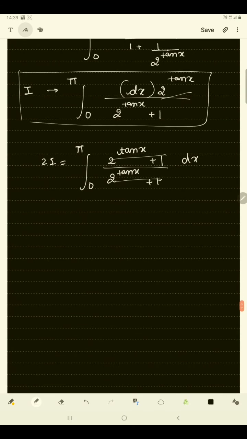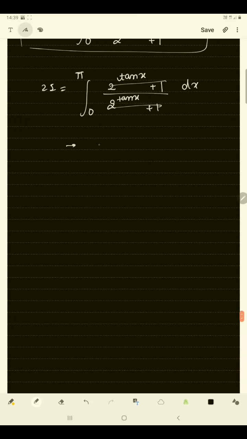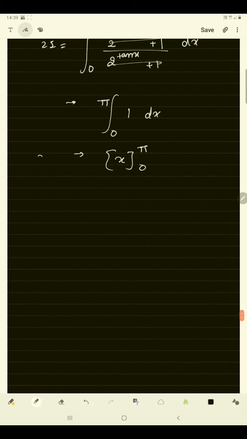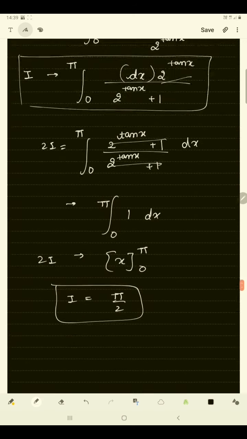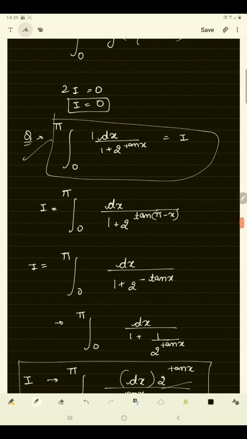We can just cancel the numerator and denominator to get a 1 over here, so we would get x after integration and a 0 to pi limit for 2I, so I becomes pi by 2. This is the answer to the question that we were asked over here.